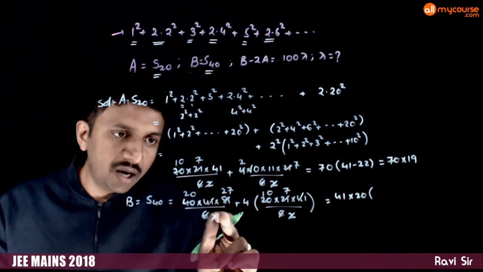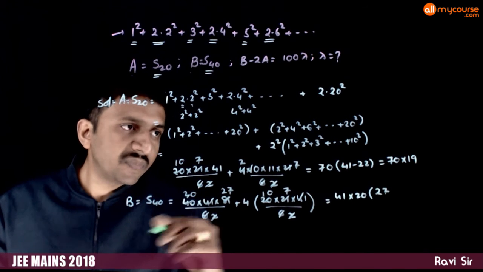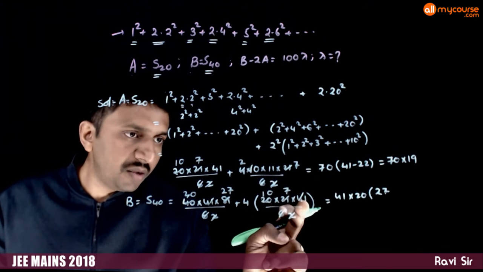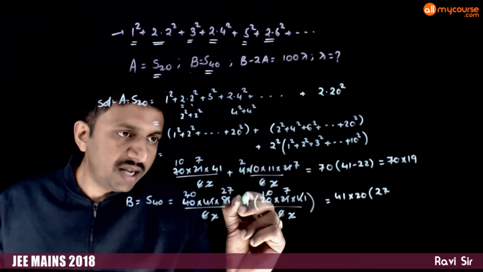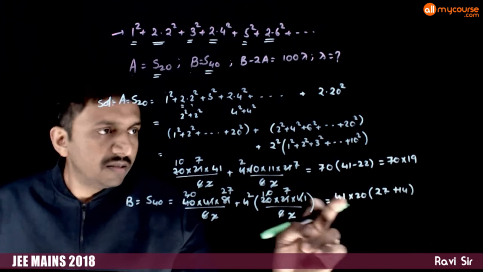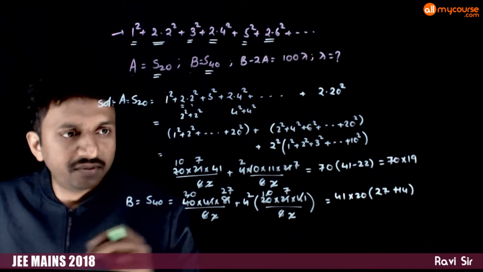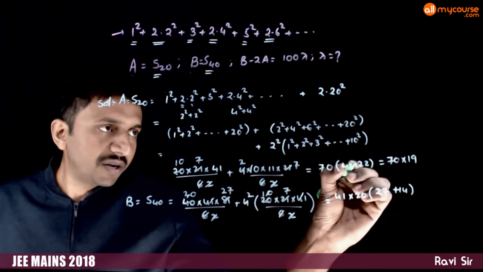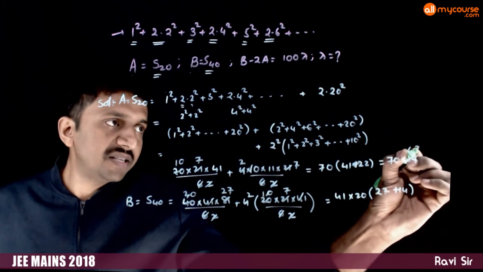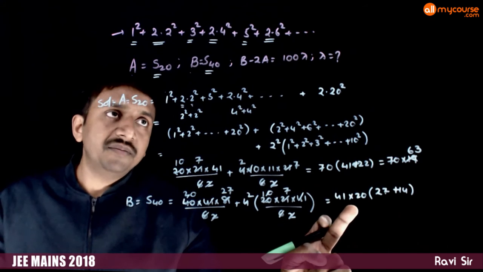So if I take 20 outside, I have a 27 here, and I have a 14 here. So 41 into 20 times 27 plus 14. Here also I have to do plus, sorry, I've done minus. So this is 70 times 63. So this is B.